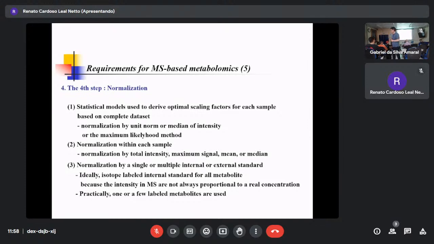For example, I injected into HPLC or GC 1 microliter. But can you guarantee it is 1 microliter every time? No, it's not possible, because this time I injected, for example, 10 microliter by mistake, and this time I injected 1 microliter.